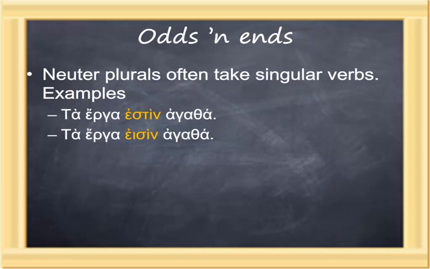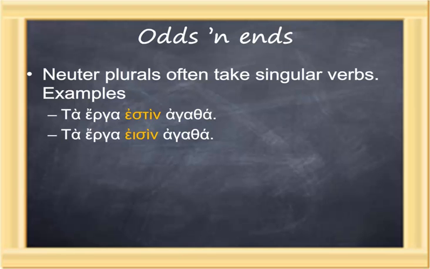Our final odds and ends point is to note that in classical Greek, neuter plural nominatives regularly took singular verbs because the neuter plural was apparently considered a collective. However, this is breaking down in Koine Greek. So one will find neuter plurals with singular verbs and neuter plurals with plural verbs.